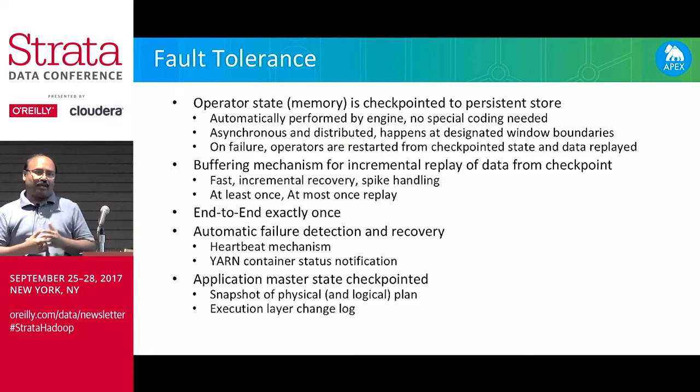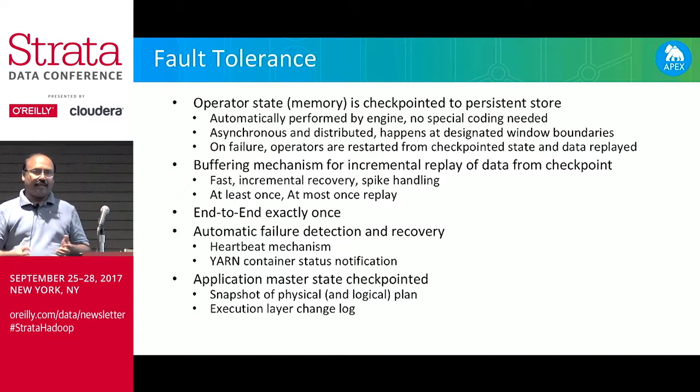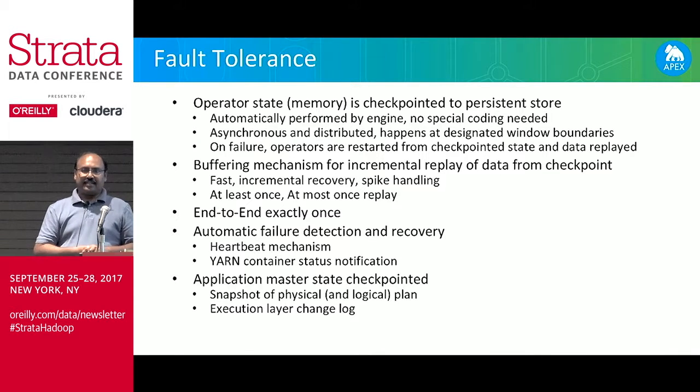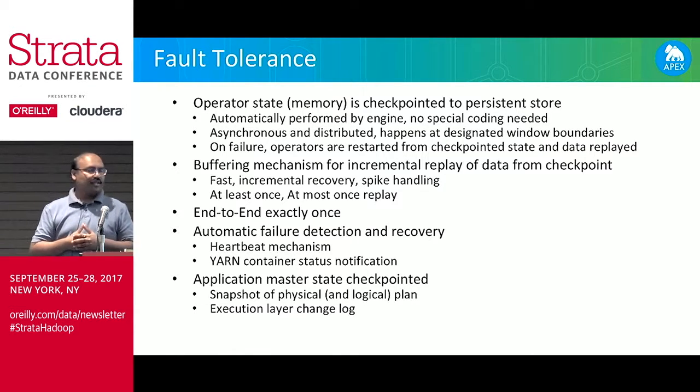All this happens automatically, so no manual intervention is needed. And if you are familiar with the Hadoop application architecture, there's an application master process that runs separately. It's in charge of making sure everything's running properly. Its state is also checkpointed in case it goes down, because it's also another container.